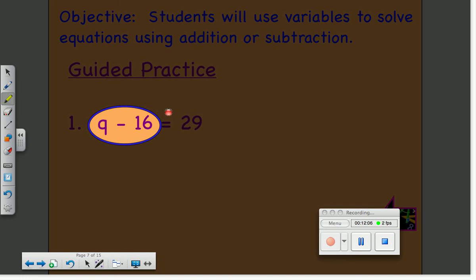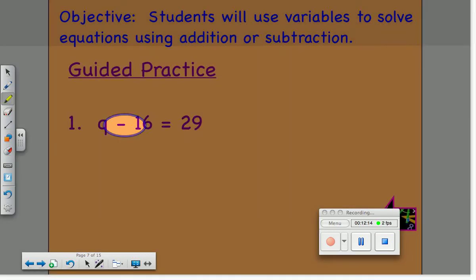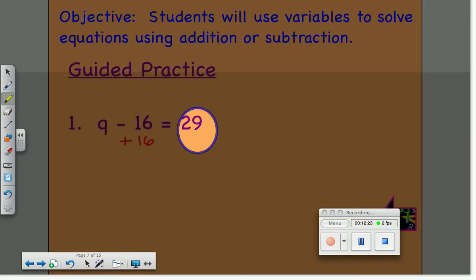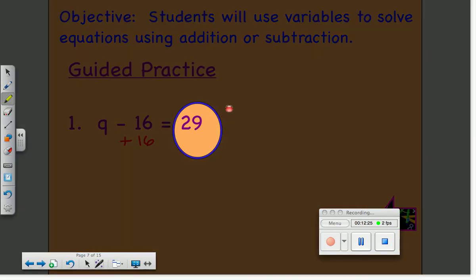Addition. How much do I add? Well, how much are you subtracting? You're subtracting 16? Then you add 16. So if I add 16 here, how much do I have to add over here on this side?